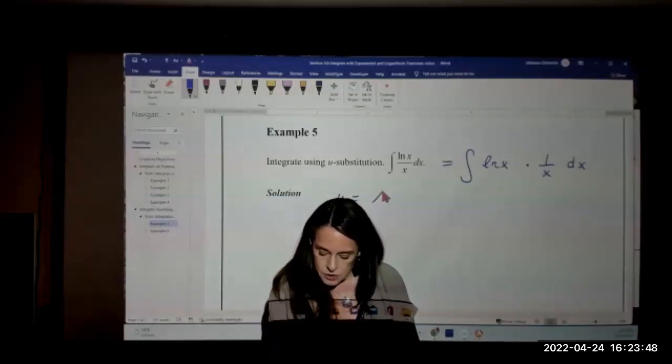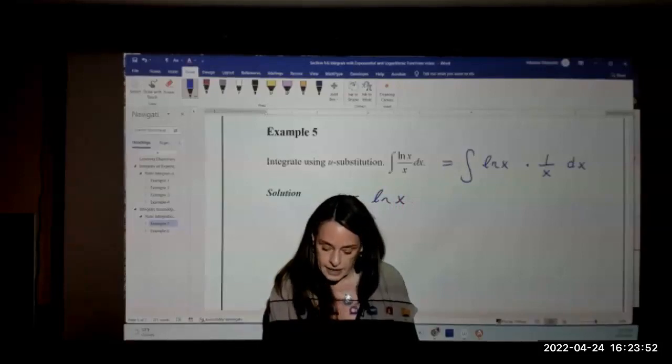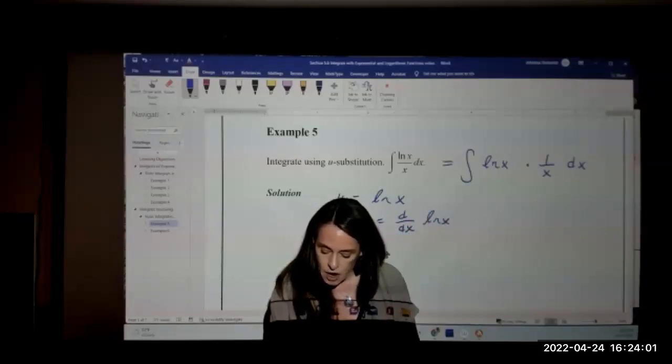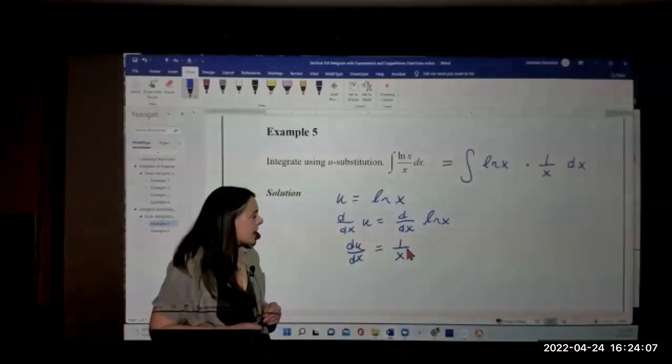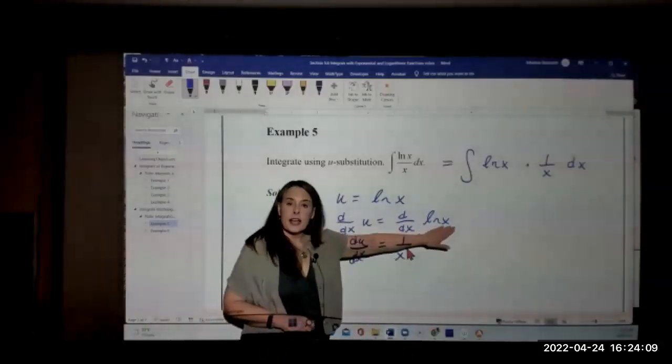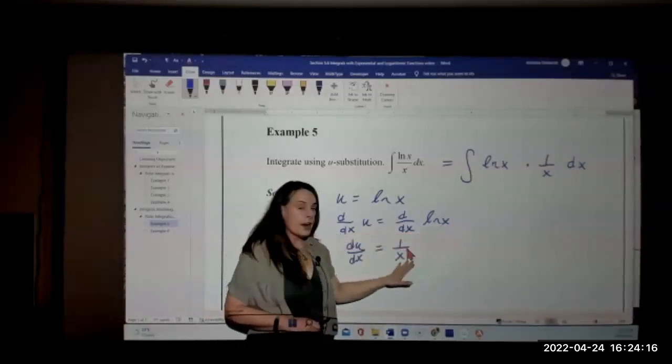So u is equal to natural log of x, and then I take the derivative with respect to x of both sides. When I take the derivative with respect to x of the left, I get the typical du dx. On the right side, I get 1 over x times the derivative of x with respect to x, which is 1. So this gives me 1 over x.